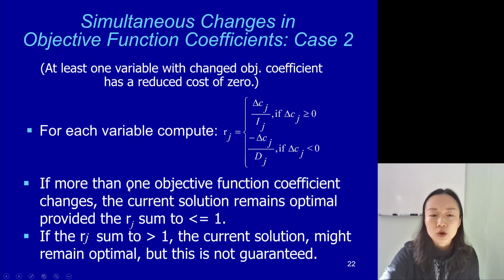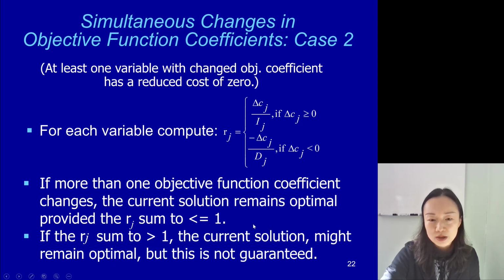If more than one objective function coefficient changes, the current solution will remain optimal if the sum of all those ratios, the percentages, is less than or equal to 1. But if you sum up all the percentage changes and the value is greater than 1, then we are not sure. The current solution may still remain optimal, but it's not guaranteed.